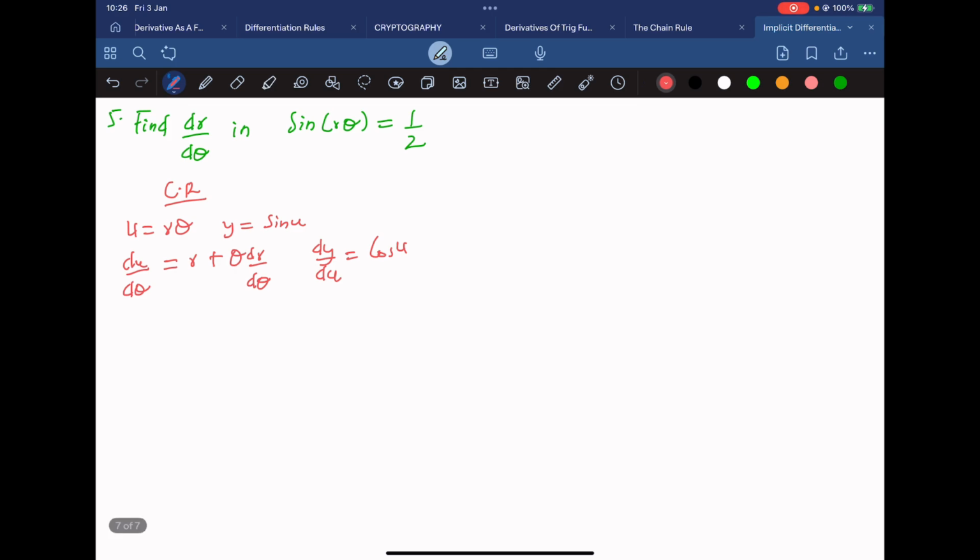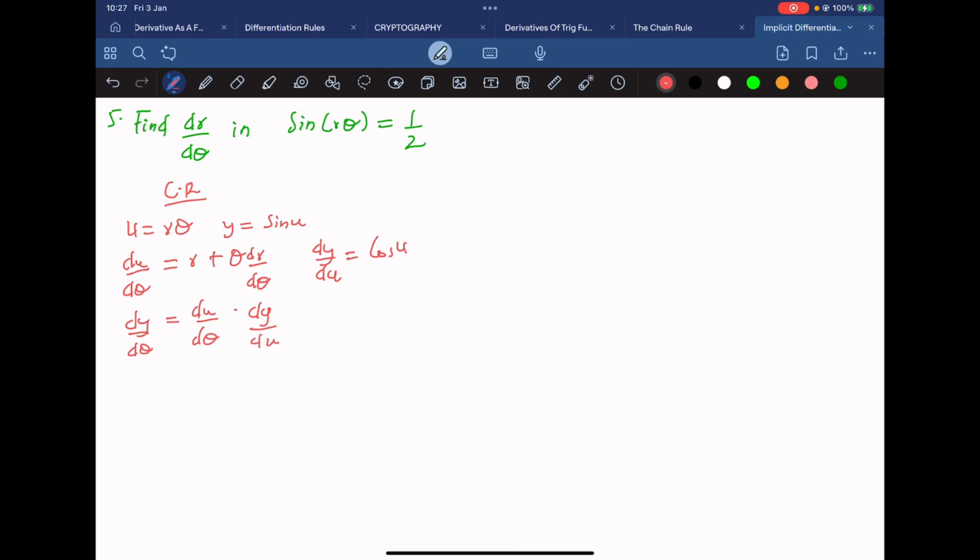So if we want dy/dθ, this is just equal to du/dθ multiplying dy/du.